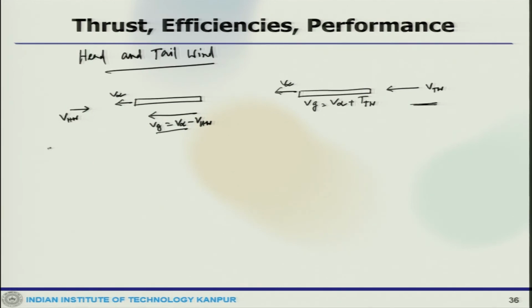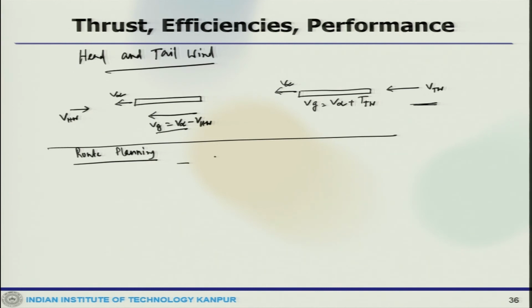Now, another factor which one has to account for is the route planning. So, the pilot planning a flight under VFR, which is visual flight rules, usually uses an aeronautical chart of the area published for use of pilots.